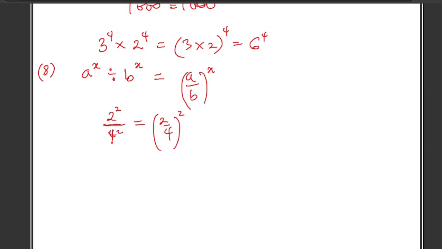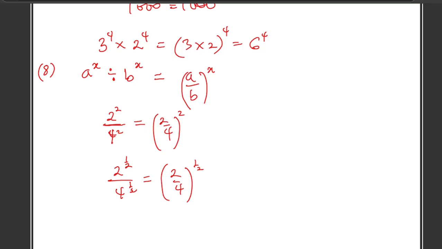It can be 2 to the power 1 over 2 over 4 to the power 1 over 2. That's 2 over 4, all to the power 1 over 2. Notice they have the same power. Then just put the two numbers, which is a division, 2 over 4, and put the power outside. Then I forgot to say something regarding fractional powers.